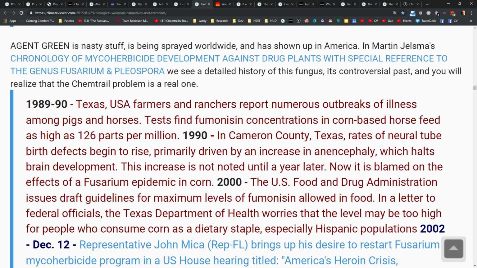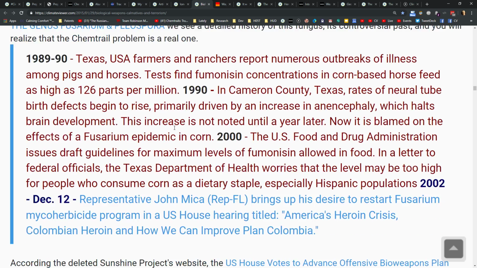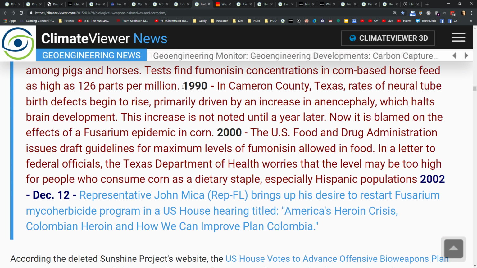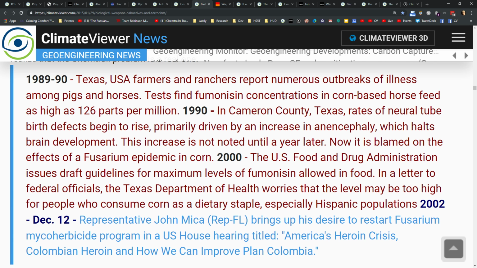In Martin Gelsma's Chronology of Mycoherbicide Development Against Drug Plants, with special reference to the genus Fusarium and Pleospora, we see a detailed history of this fungus, its controversial past, and you will realize that the chemtrail problem is a real one. 1980 through 1990, tests find fumonisin concentrations in corn-based horse feed as high as 126 parts per million. 1990, Texas.